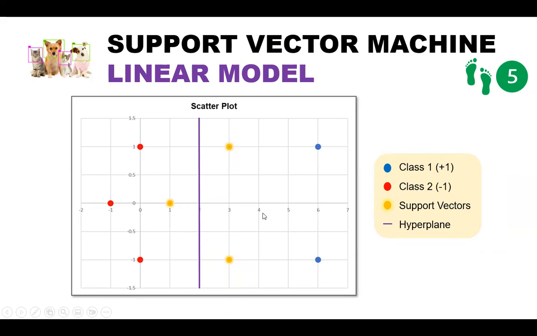So this graph shows you the position of the hyperplane in such a way that the margin between the hyperplane and the support vectors is maximized. And that is the main goal of SVM, which is to maximize the margin to avoid misclassifications.